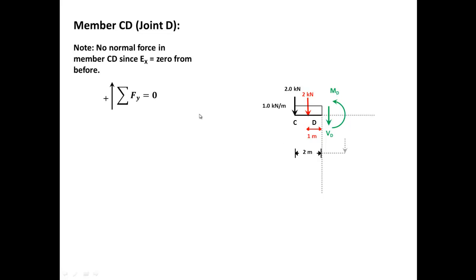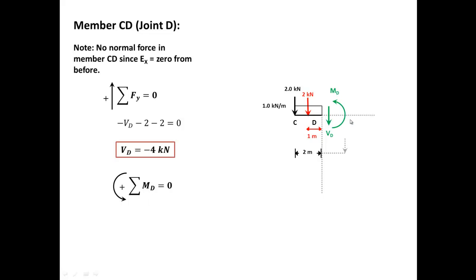Now I'll do the summation of the forces in the y direction. Negative VD, negative 2 should equal to 0, and I'll have a VD of minus 4 kilonewtons. So the shear to the left of joint D should equal to negative 4.